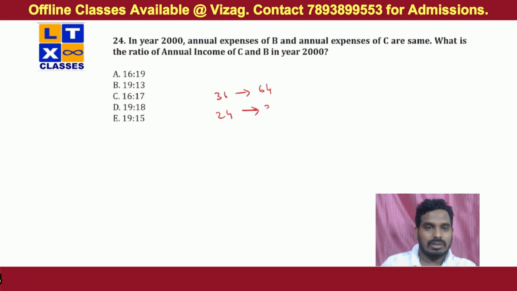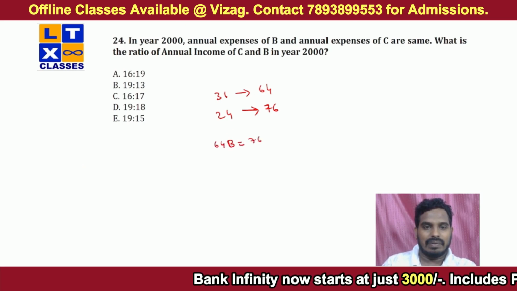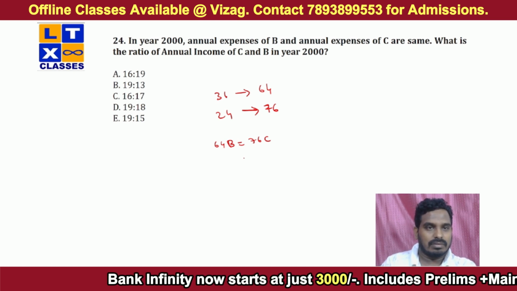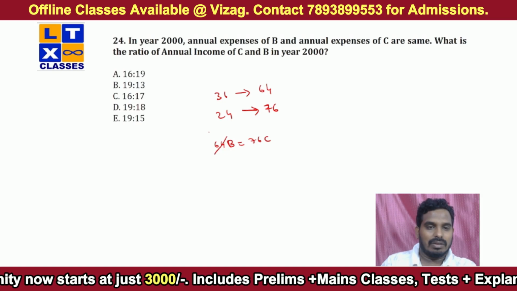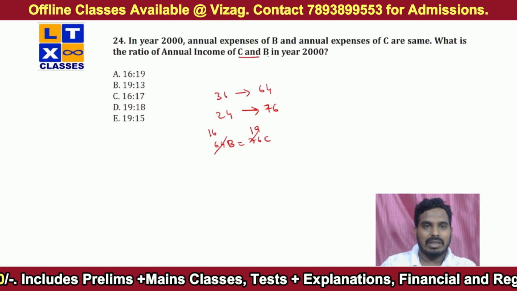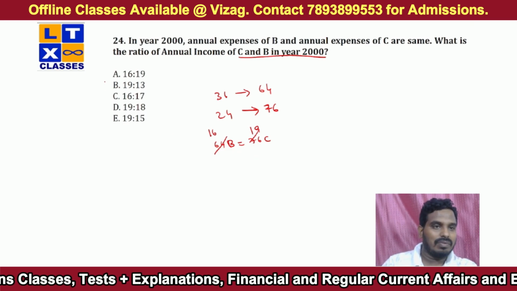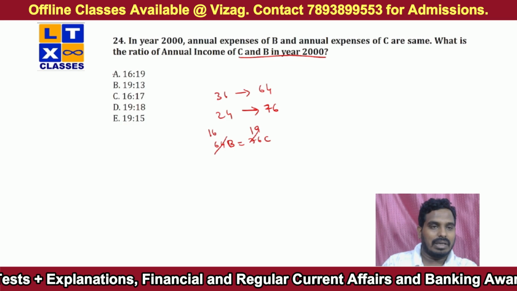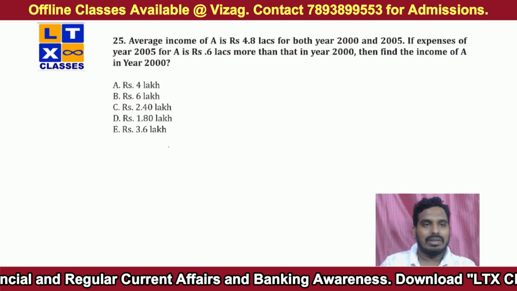So this would be 76, right? So 64 of B is equal to 76 of C. 4 sixteens and 4 19s. You're asked to calculate the ratio of C and B. The ratio of C and B would be equal to 16 is to 19.